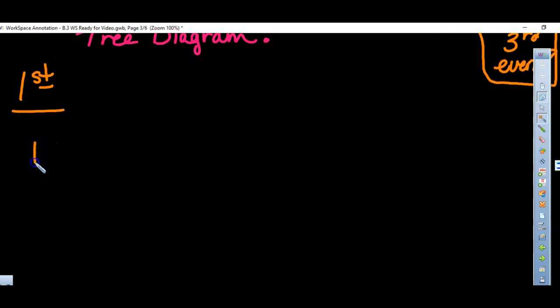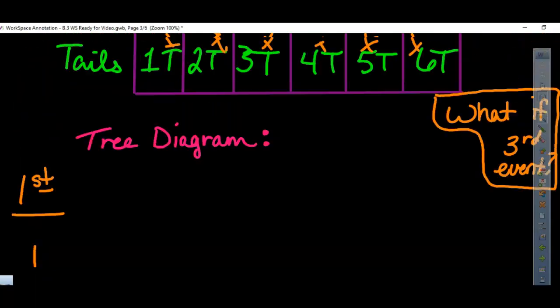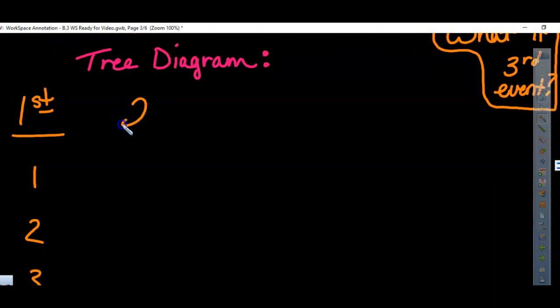Rolling that number cube, we got 1, 2, 3, 4, 5, or 6. Okay. Our second event, flipping that coin. So we might want to put a little notation. Hey, this is the coin, this is the number cube or the die. Okay, so that we remember.